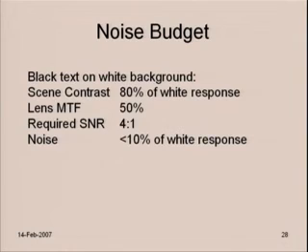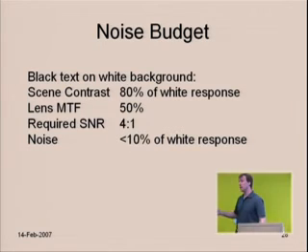Now, what I want to do is back reference that to the noise process that you actually see. If we have black text on a white background, we might have about 80% contrast in the scene. That's a 90% reflective white and a 10% reflective black. If the lens MTF is about 50% at whatever frequency corresponds to this small text, then what we're going to end up with on the sensor is about 40% of the full white response in contrast.